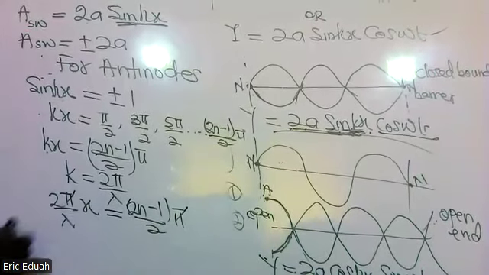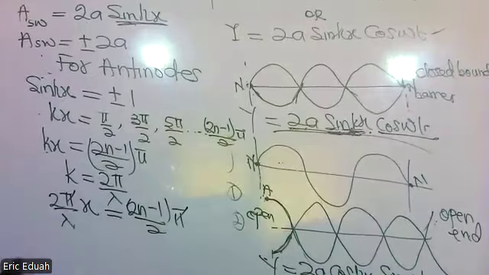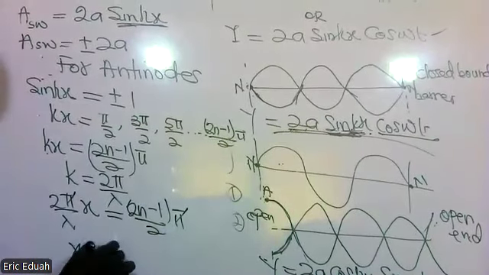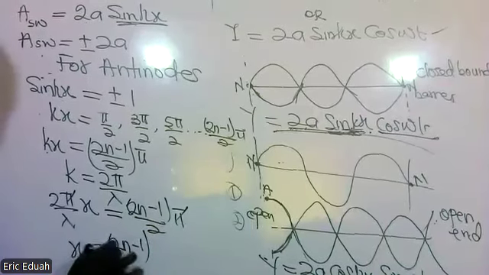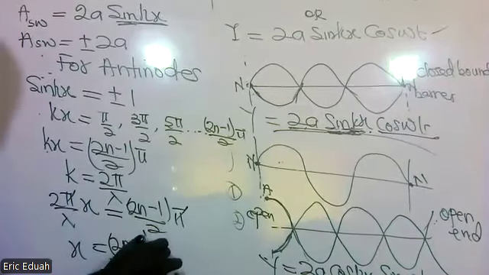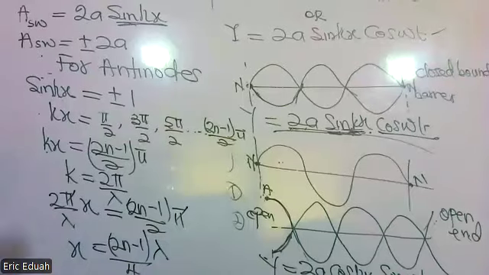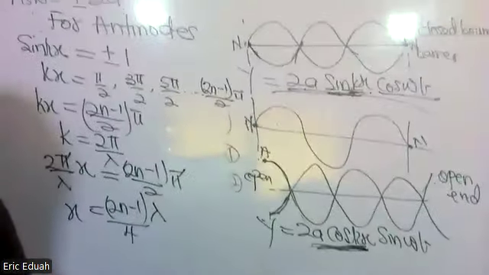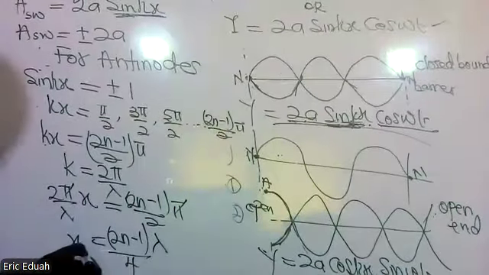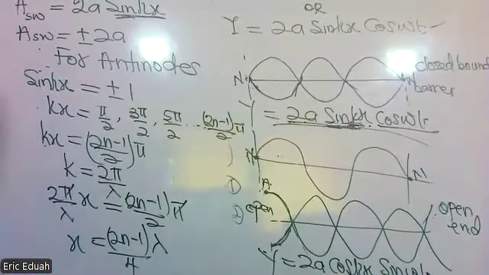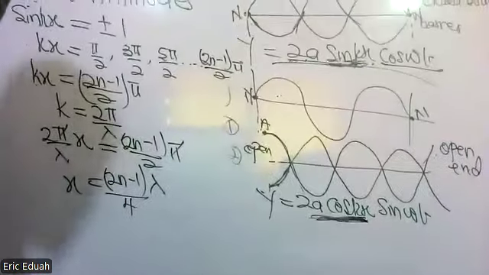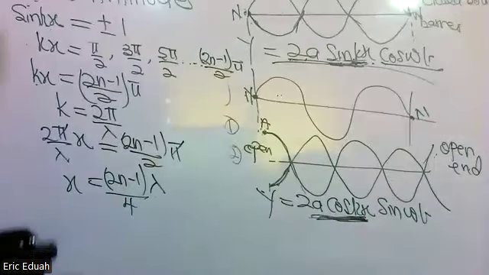We find the value of x, and x is equal to (2n minus 1) over 4 lambda. So here we are determining points where antinodes will be formed in terms of wavelength. Meaning, if you know the wavelength, you can easily calculate x.